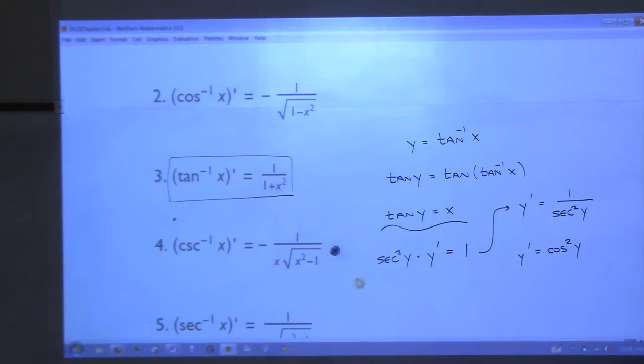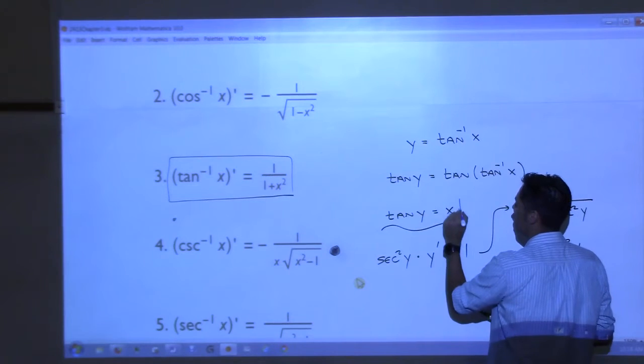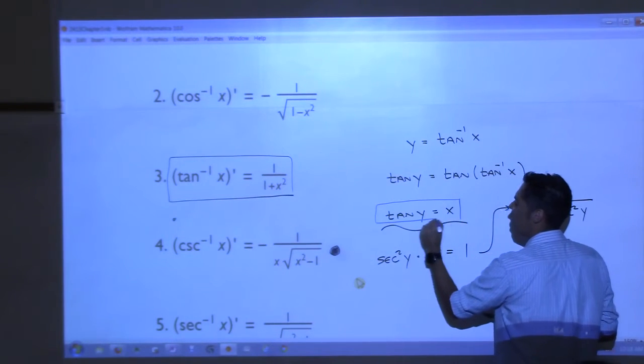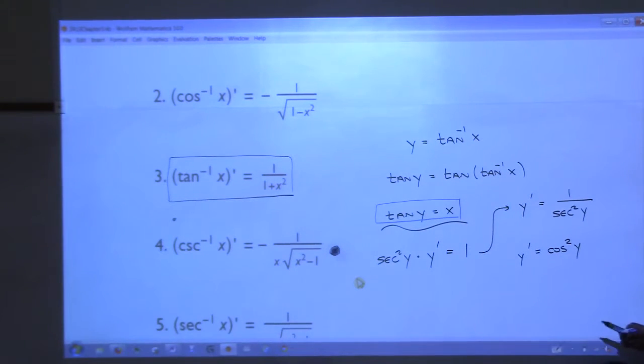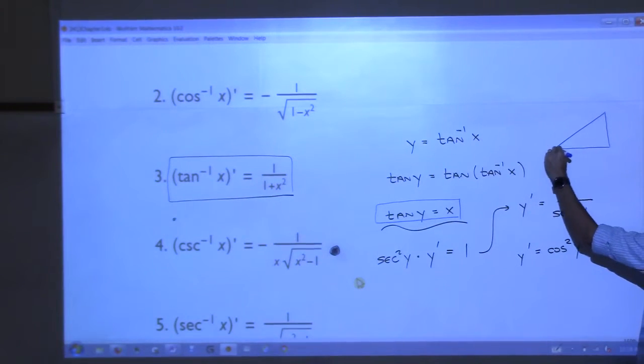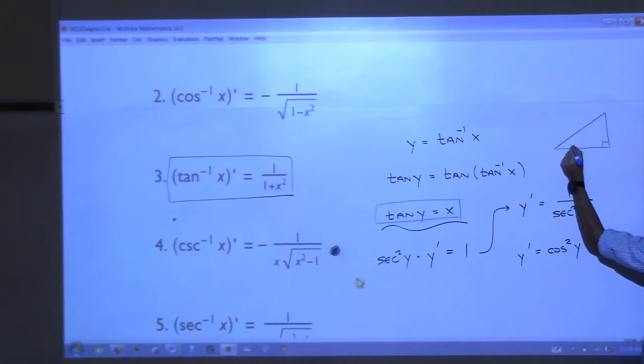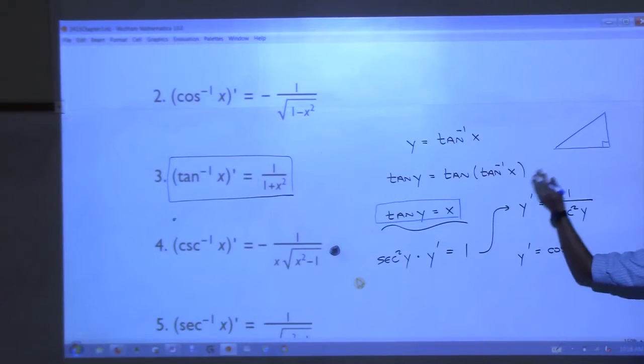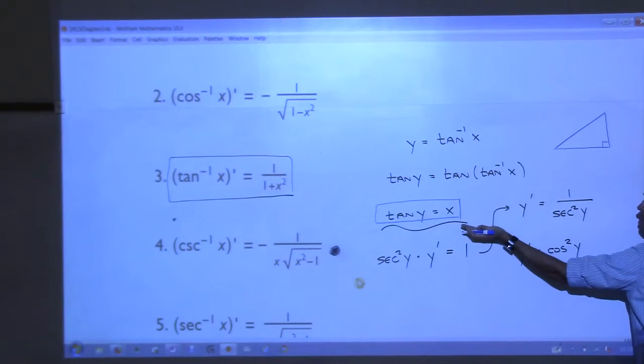So now I'm going to go back and use something that you used in pre-cal. If you had me for pre-cal, I told you how important this idea of a reference triangle is. So I want you to look at what I boxed there. I'm going to draw a right triangle, and label this as the angle that I'm talking about there. What is the angle in that equation?